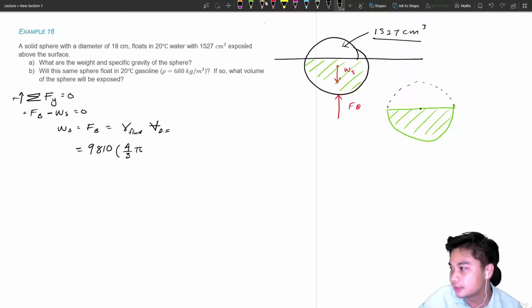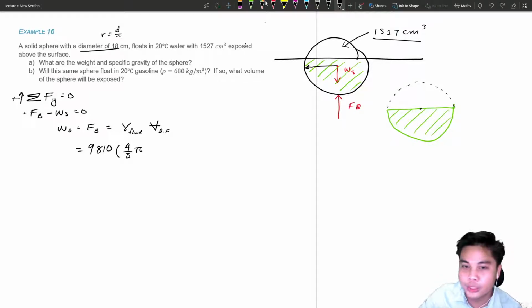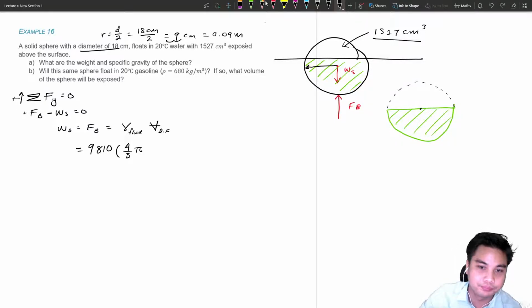The radius is the diameter divided by 2, which is 18 centimeters divided by 2, which is 9 centimeters. Converting into meters, that is 0.09 meter.